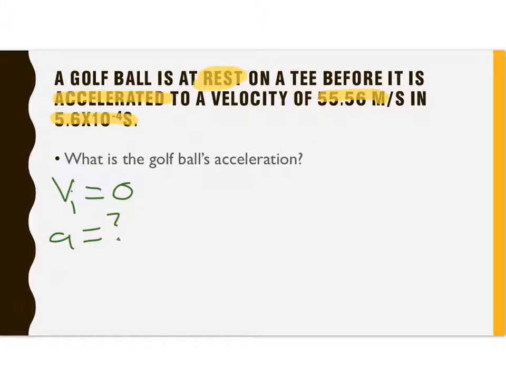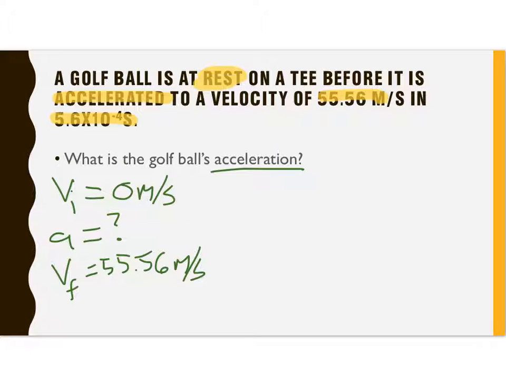We don't know what that acceleration is, though, and that, of course, is what the question is asking us for. Now, it goes to a final velocity of 55.56 meters per second. And it does that in a time of 5.6 times 10 to the minus 4 seconds.